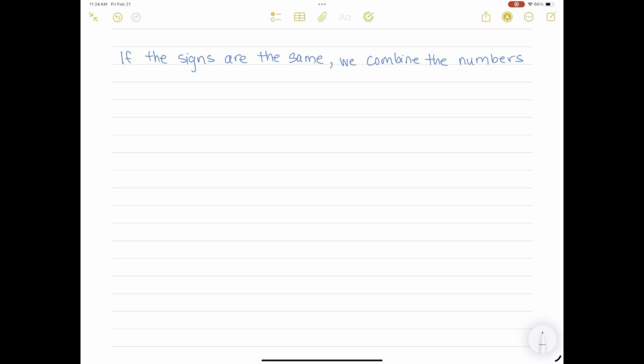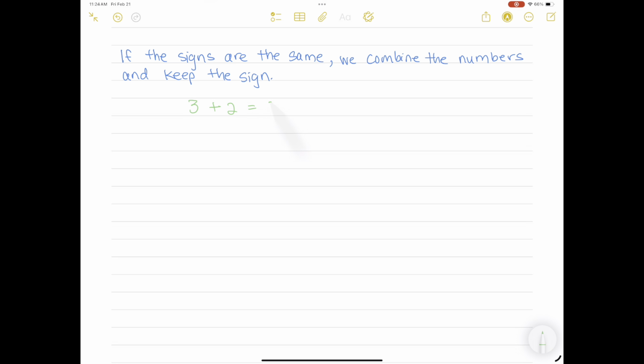If the signs are the same, we combine the numbers and keep the sign. So for example, 3 plus 2 equals 5. Negative 3 minus 2 equals negative 5.